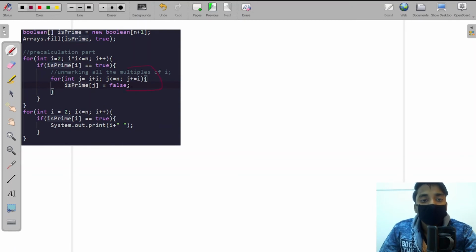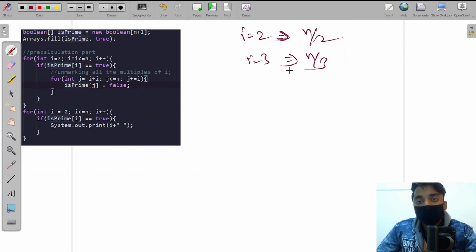Here this will be for i is equal to 2. This loop will take n by 2 times. Each time the j is increased by 2. When i is equal to 3, it will take n by 3. When i is equal to 4, it will take here.